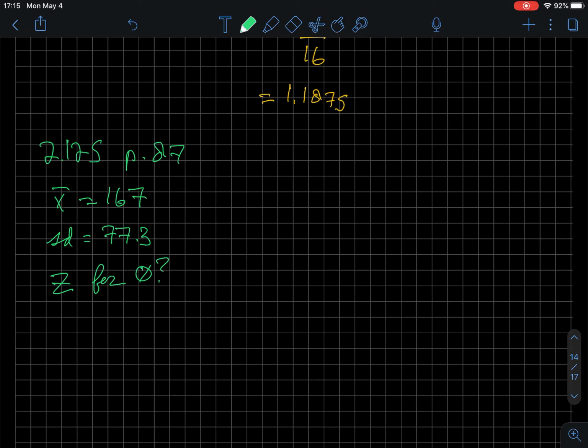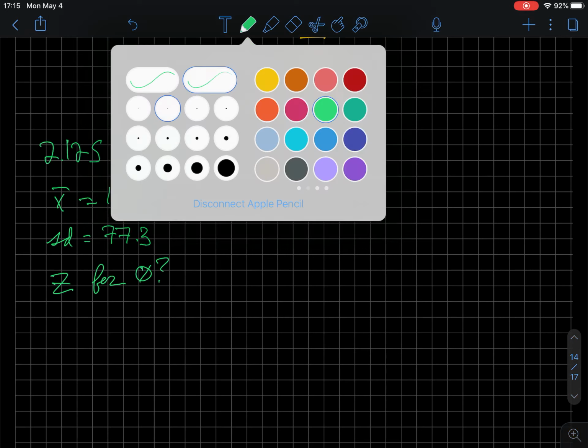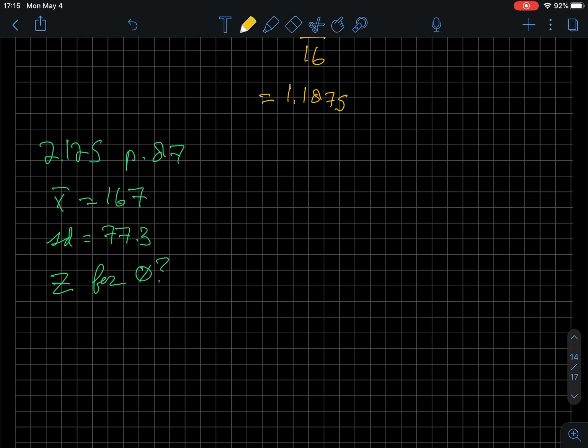We take 0 minus 167 divided by 77.3. The numerator is negative 167, and the negative part does matter because it tells us which side to put it on.